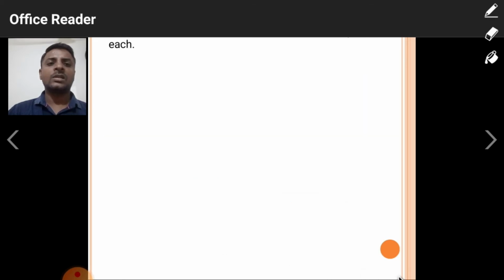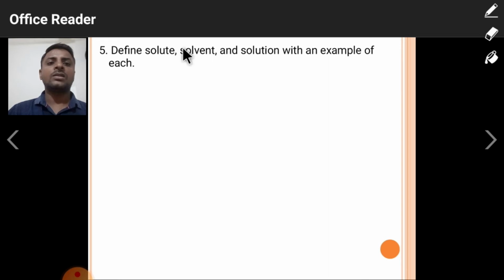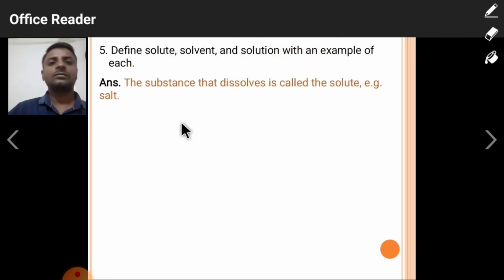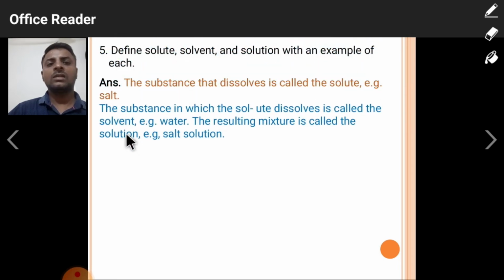Let's see, the next question is, define solute, solvent and solution with an example of each. The substance that dissolves is called the solute. For example, sugar and salt. The substance in which the solute dissolves is called the solvent.